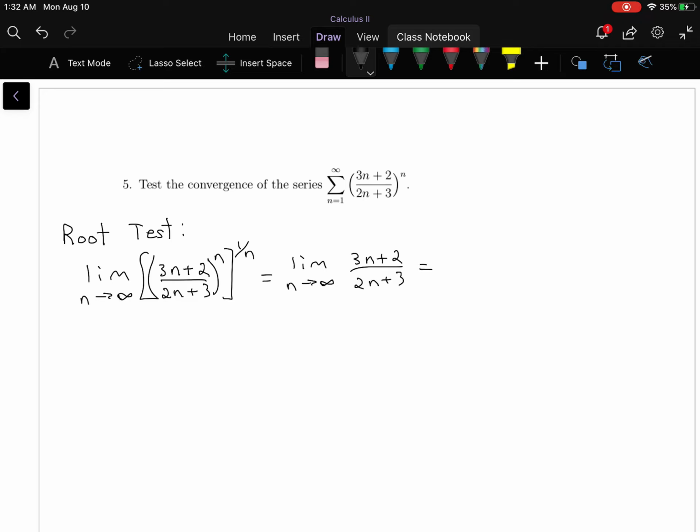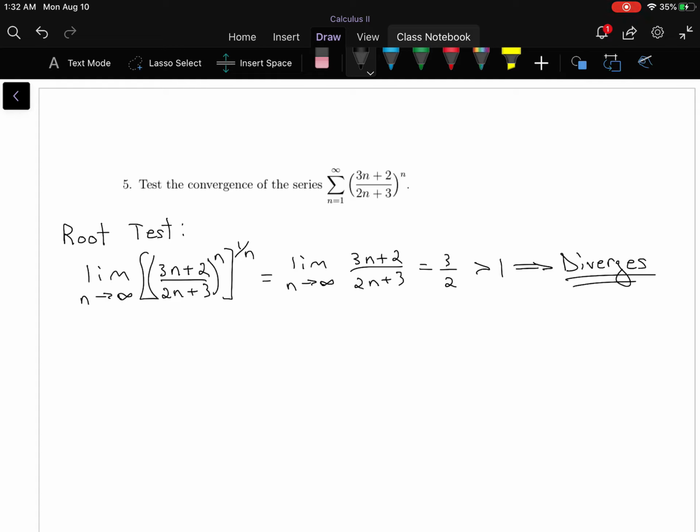And by L'Hopital's, since I have the same polynomial order on top and bottom, this is going to be 3 halves. 3 halves is greater than 1, which means that by the root test, I know that the series diverges.